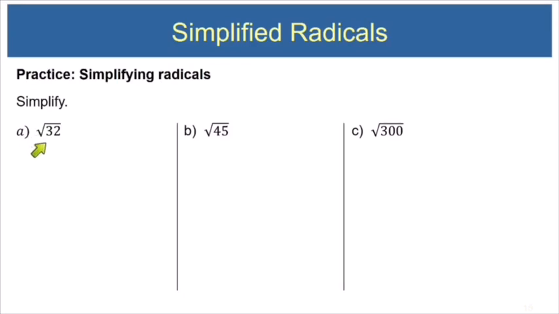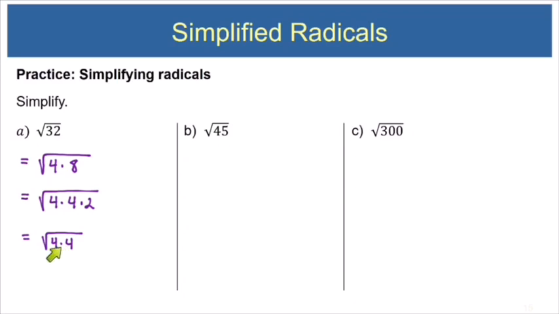Now my first thought was that 32 is 4 times 8, so I went ahead and wrote it that way. But then I remembered that 8 is going to be 4 times 2, so I broke the 8 down into 4 times 2. So now I have 4 times 4 times 2. So I have a pair of 4's here. So when I used the product rule to split this into two radicals, I didn't see any reason to split both of these 4's up into their own radical, although you certainly could.